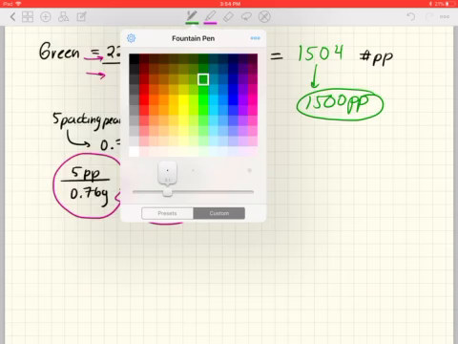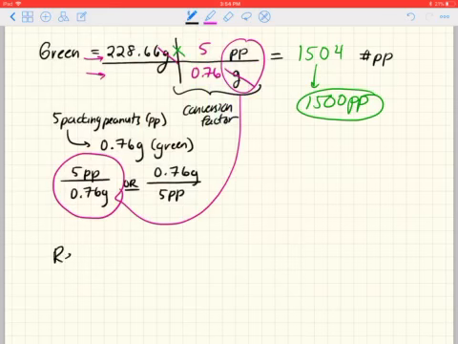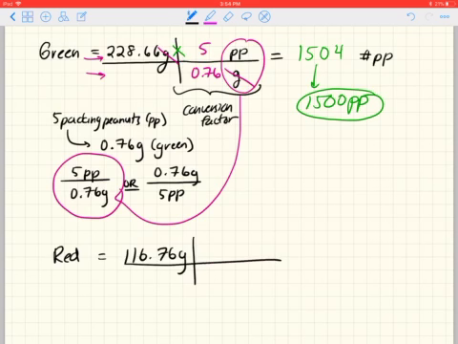So similarly, if I start over here, red, I had a mass of 116.76 grams. Set up my grid. I know earlier that 5 red packing peanuts had a total mass of 0.30 grams. So similarly, I'm going to write the 0.3 grams on the bottom, and that is the mass for 5 red packing peanuts. So same thing, I multiply across, divide on the bottom.